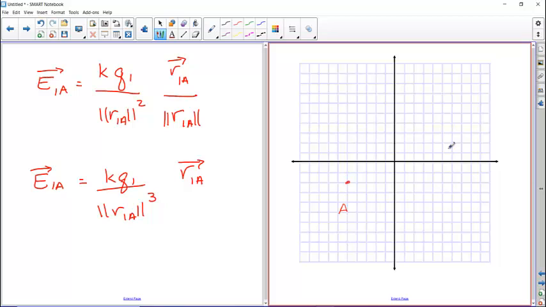So that's point A. Let's pick a charge here. We'll pick a negative charge. Okay, so let's use a charge of negative 1.9 microcoulombs.